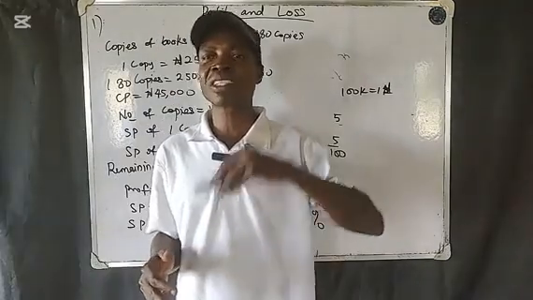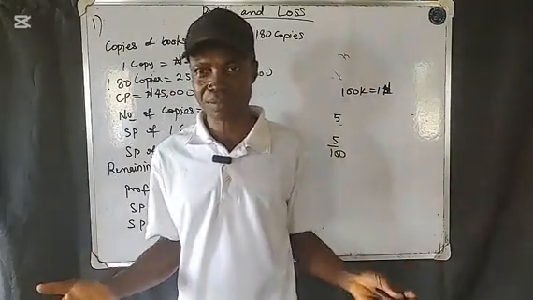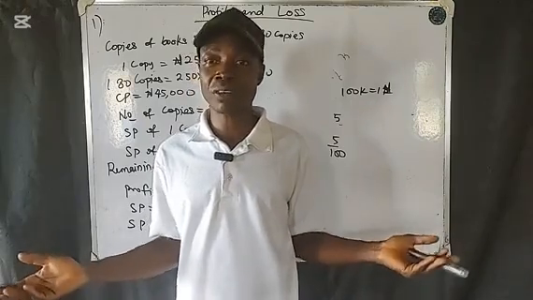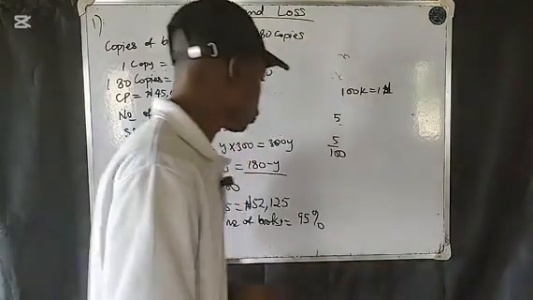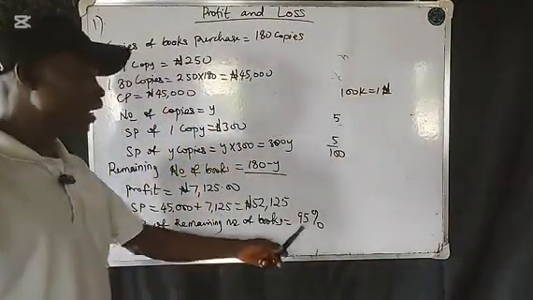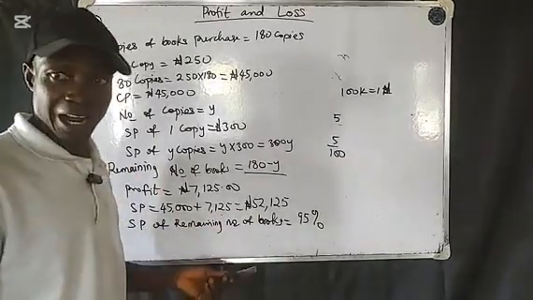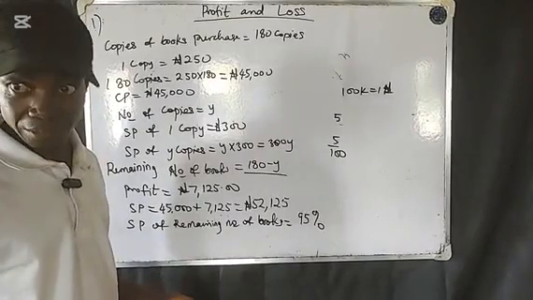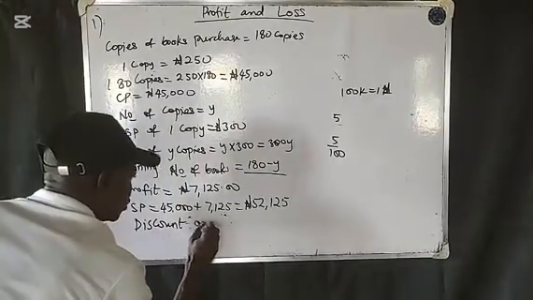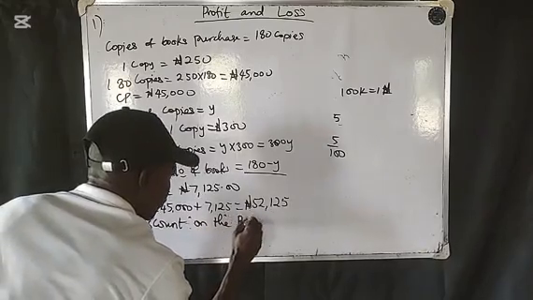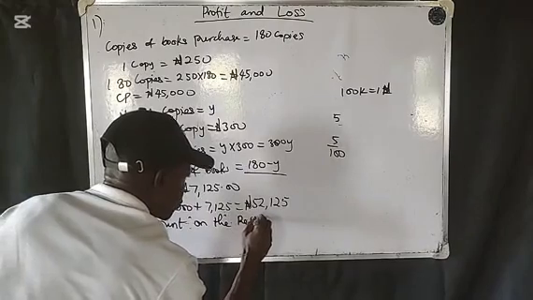So if 5 kobo is taken away out of 100, how many percent is that? 5%. That's 5 over 100. So the remaining now will be 95%, because 5% is already gone as a discount on the remainder of the books.